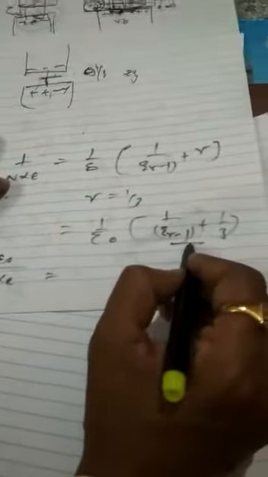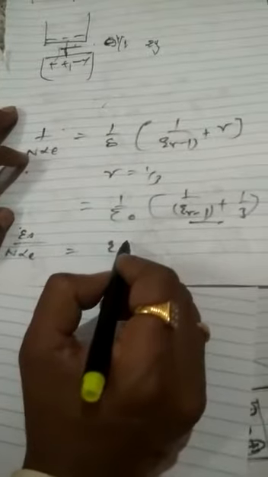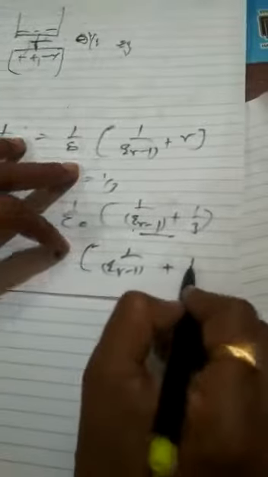Now we take epsilon naught divided by n alpha E equal to this. Take the LCM for this. Rearranging the terms, epsilon naught by n alpha E is 1 by (epsilon r minus 1) plus 1 by 3.